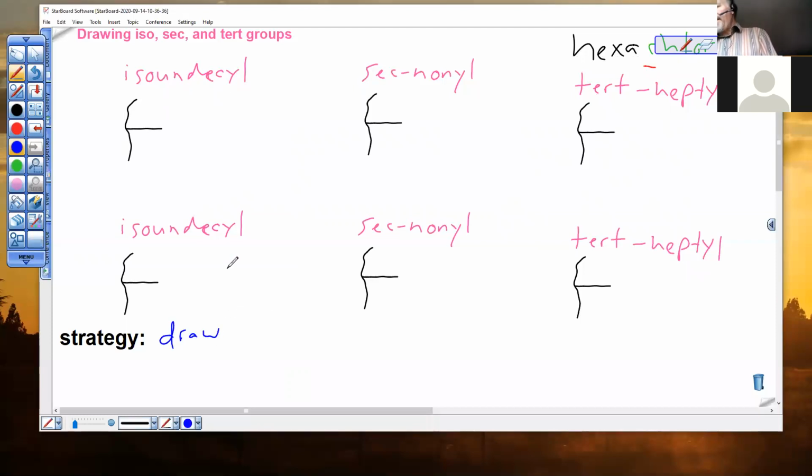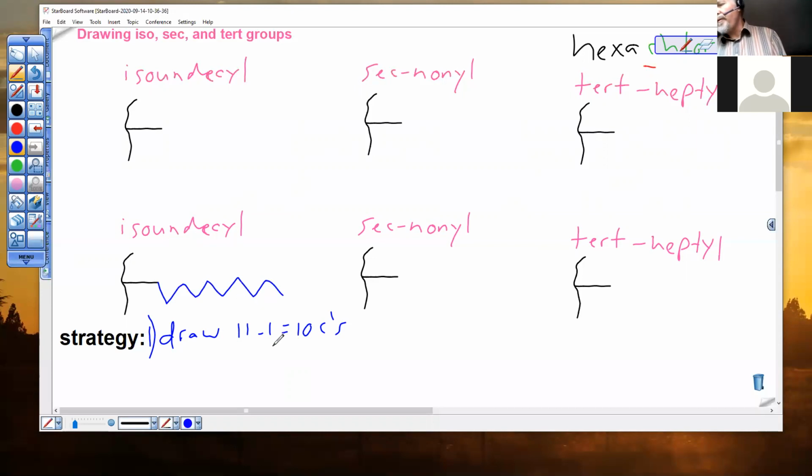Undecyl means 11. Un is 1, decyl is 10. Draw 11 minus 1 equals 10 Cs. There's my first strategy. 1, 2, 3, 4, 5, 6, 7, 8, 9, 10. Always verify. 1, 2, 3, 4, 5, 6, 7, 8, 9, 10.